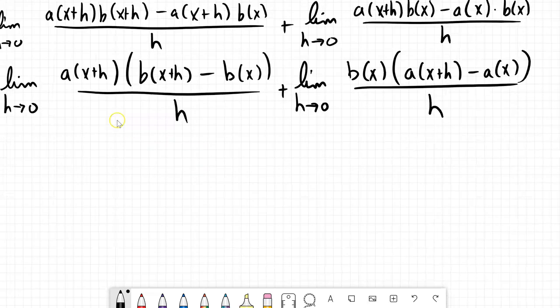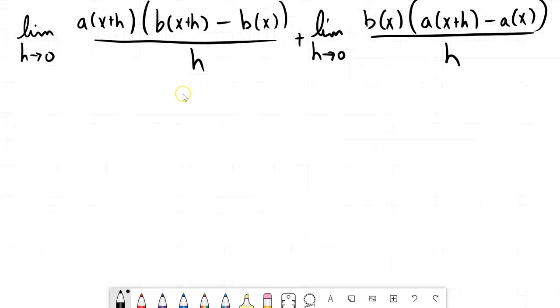I'm going to scroll down. If I were to look at only this part here, let me highlight it, this part looks like a derivative formula, doesn't it? And we're taking the limit. Let me box them. In fact, this is actually what the derivative formula is.